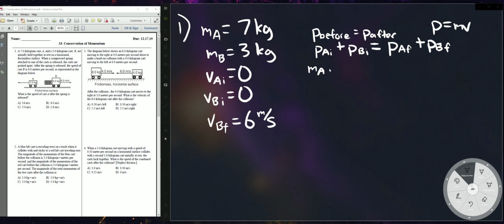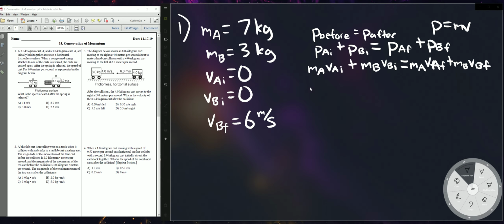Well, MA VAI plus MB VBI is equal to MA VAF plus MB VBF.